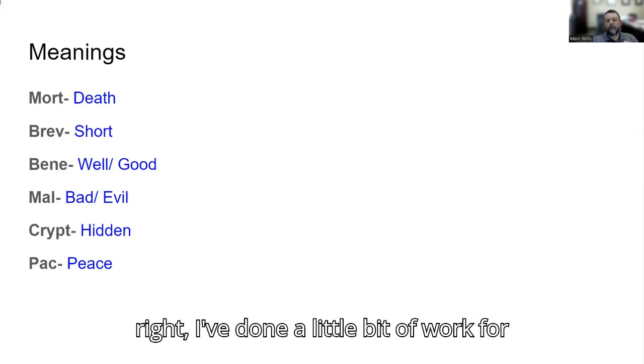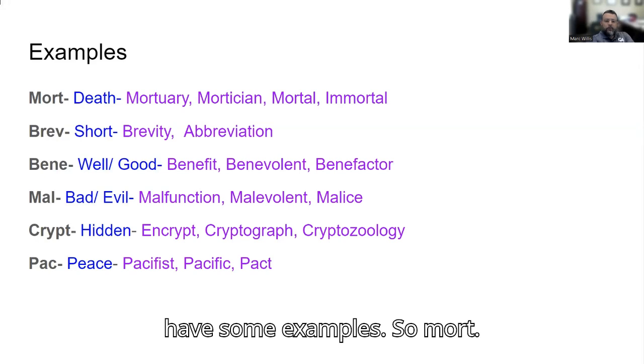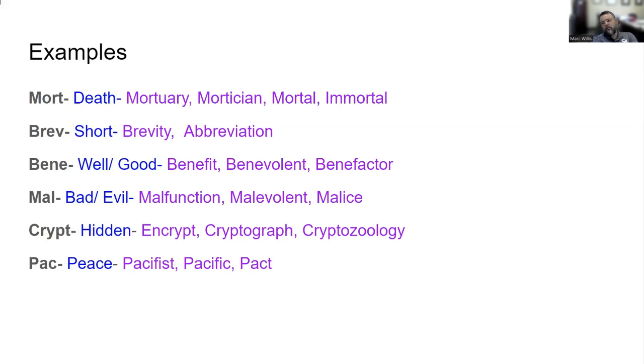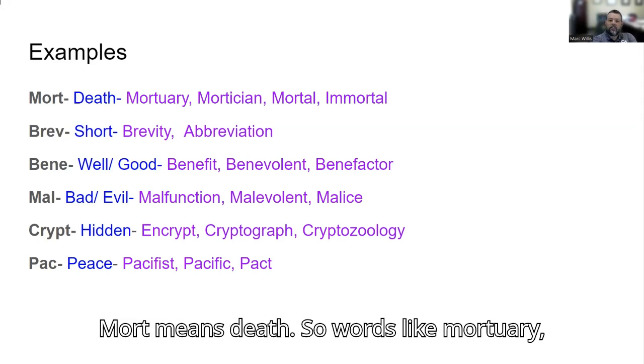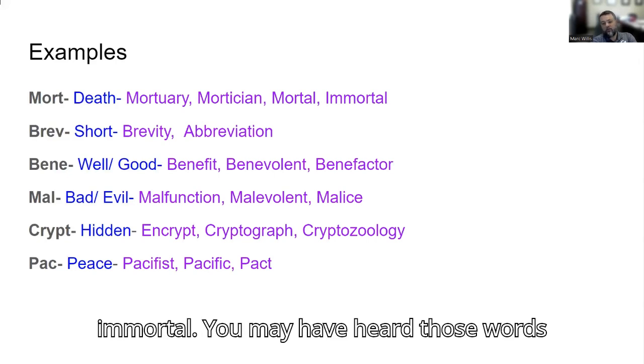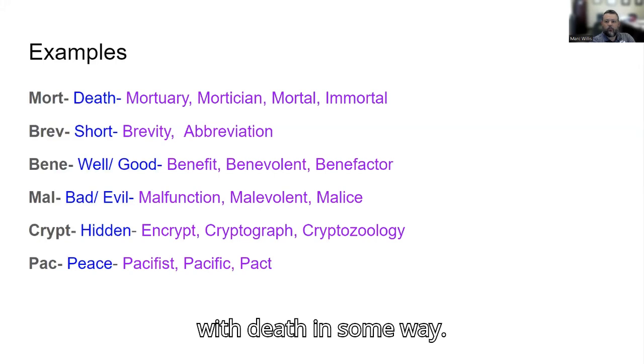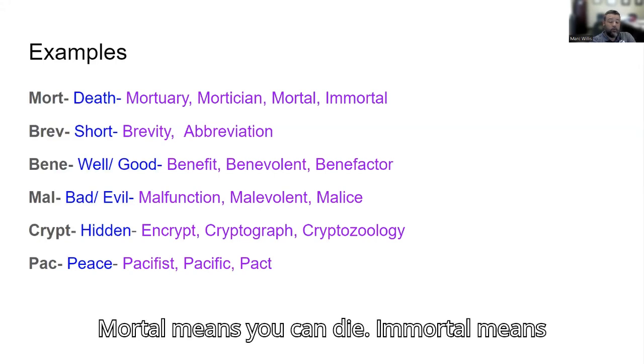All right, I've done a little bit of work for you with a dictionary. And we have some examples. So mort means death. So words like mortuary, mortician, mortal, immortal. You may have heard those words before, and every one of them has to do with death in some way. Mortal means you can die.